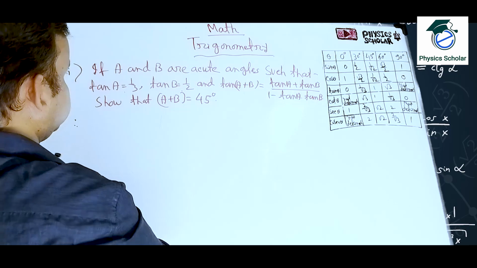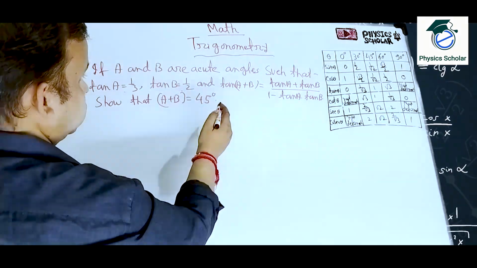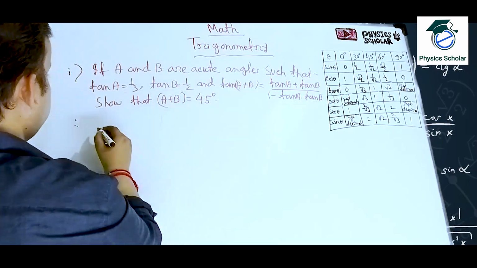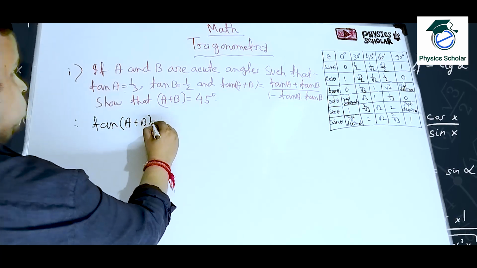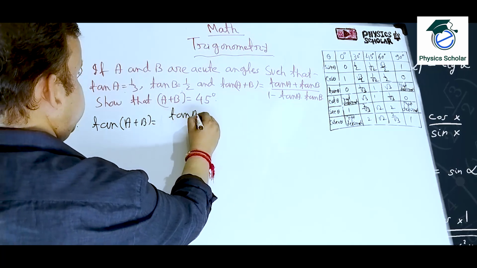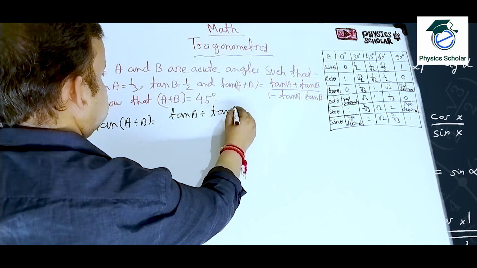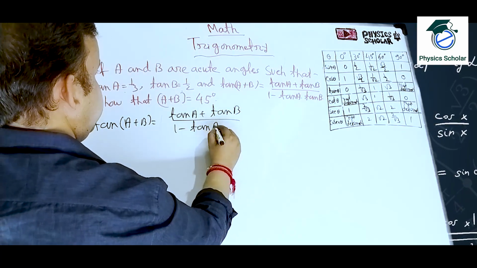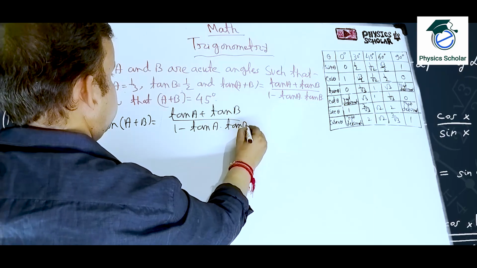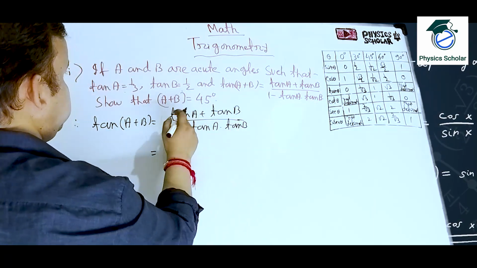So let us now find tan of a plus b. What is given? Tan of a plus b is equal to tan a plus tan b divided by 1 minus tan a into tan b. What is the value of tan a?